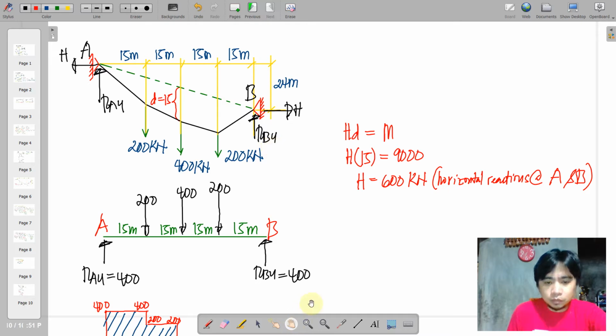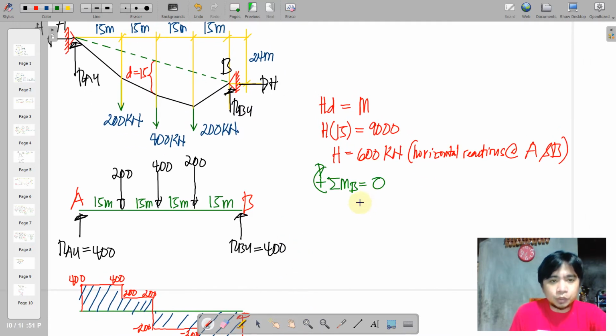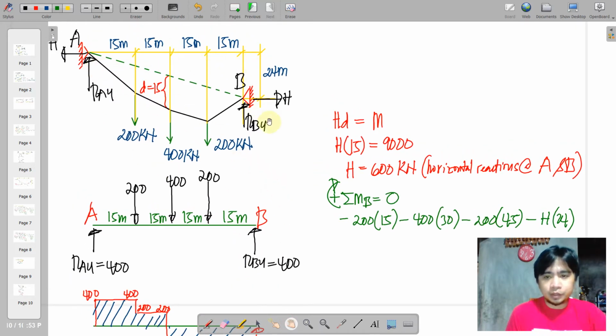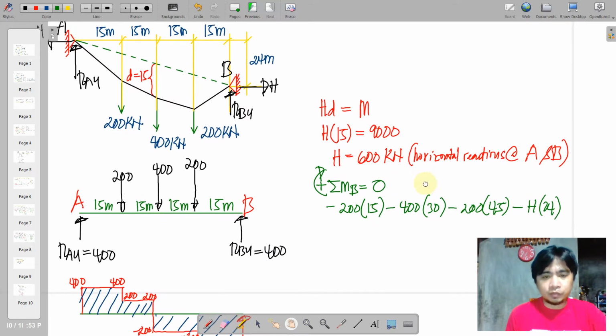Okay, so we have summation of moments at B is equal to 0. We have negative 200, that is actually counterclockwise, times its moment arm 15. So we have also this one, the 400 times its moment arm, which is 30, and another 200 with 45 moment arm from B. So we deduct the counterclockwise H here times the moment arm equivalent to 24.